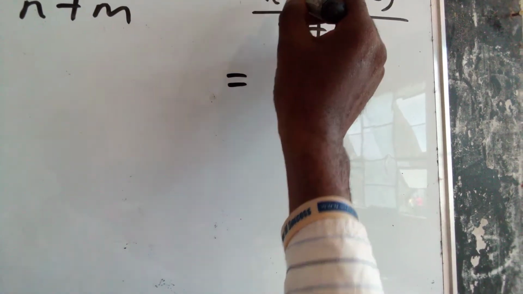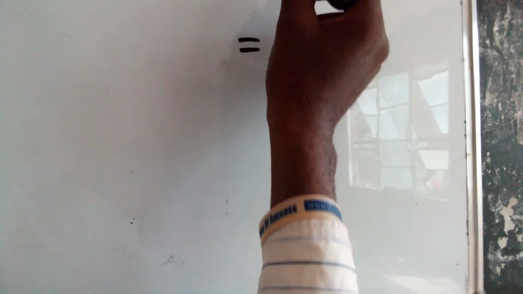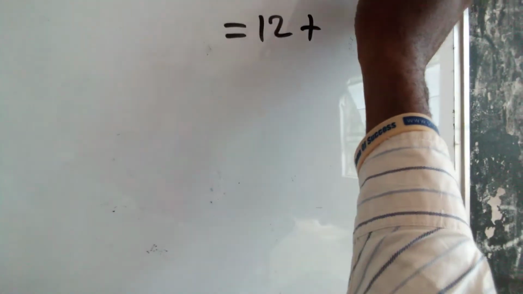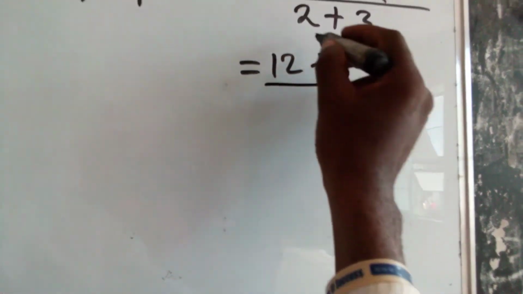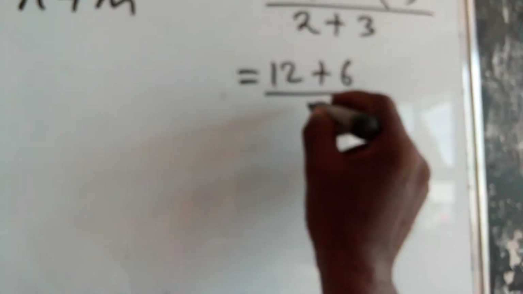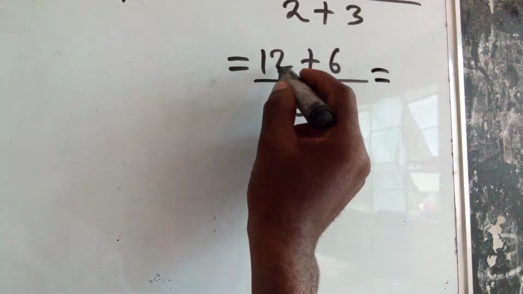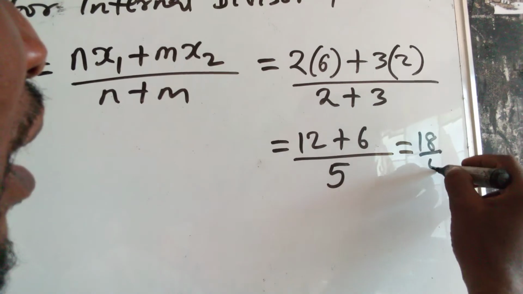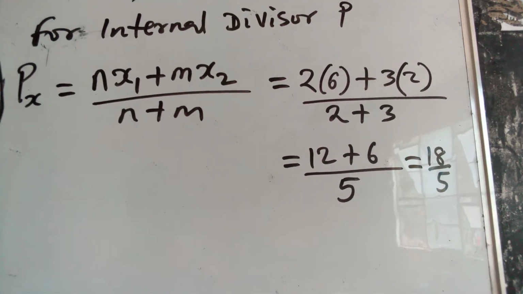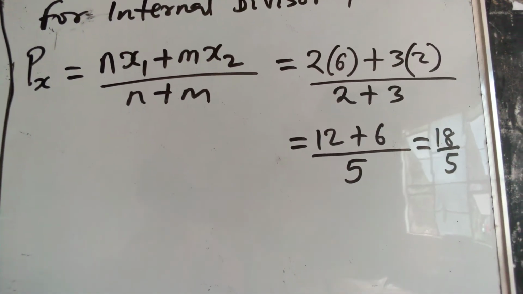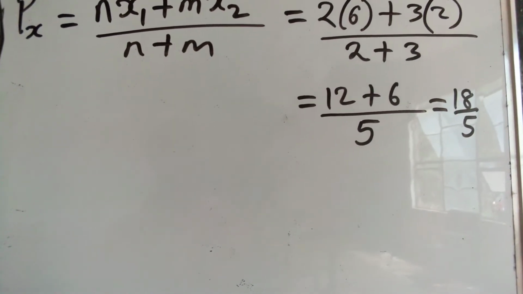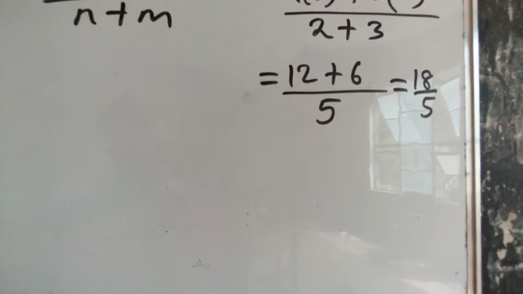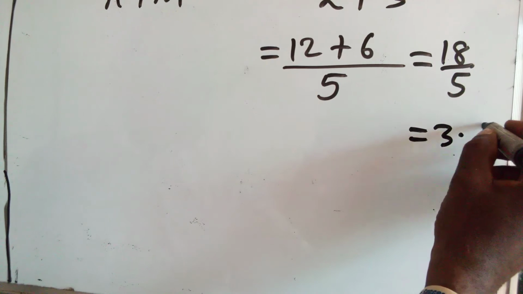So you're going to have 2 times 6, 12. 3 times 2, 6. 2 plus 3 is what? 5. 12 plus 6 is what? 18. So that gives you 18 over 5. If you have your calculator, you can press it and the answer will come out. You have 3.6.